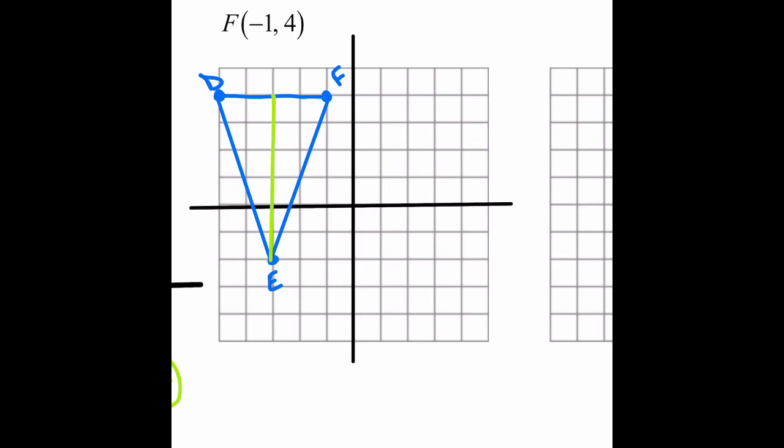So now all I have to do is find the next median. I'm going to use DE and find the midpoint of DE.